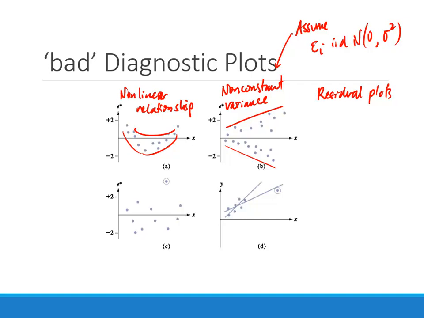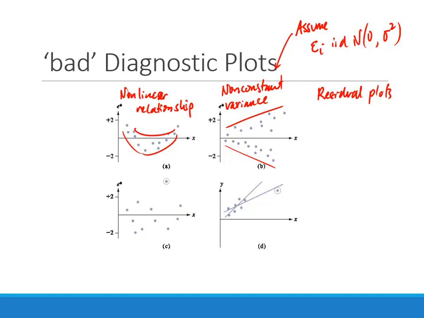So we're assuming that they all have the same variance, and if your residual plot looks like that, then that means they don't all have the same variance, and that's a bad assumption there. So that's a violation of your assumptions.